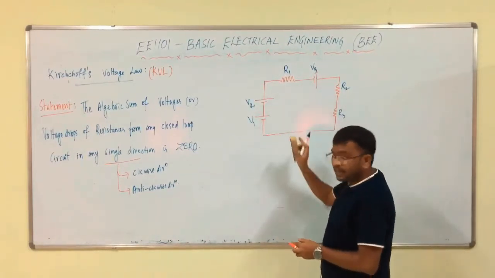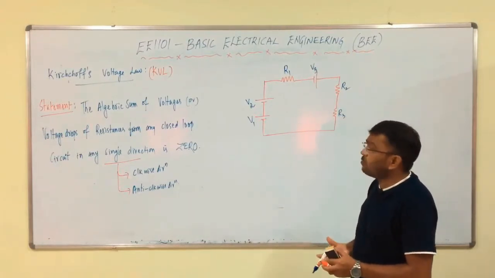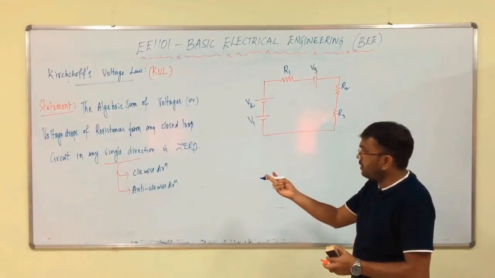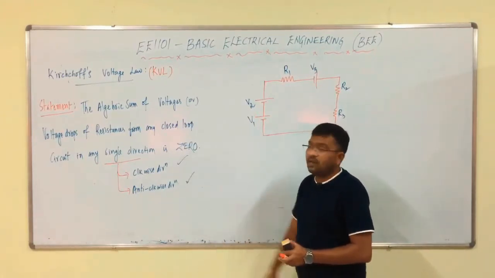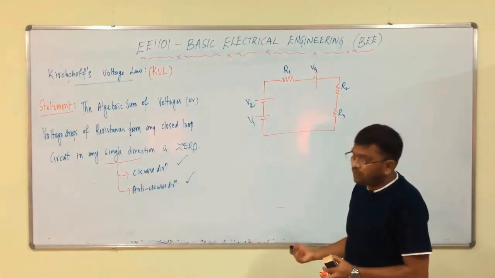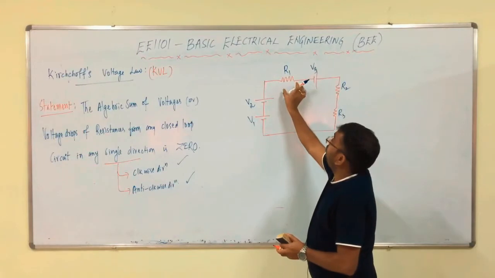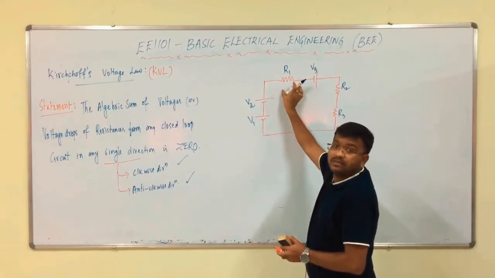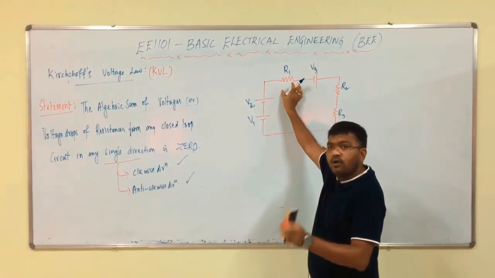So, this is a simple circuit. We have to calculate the value of current by assuming any direction, whether it is clockwise or anti-clockwise. To know the value of current, we are assuming the voltage drops with some notation, whether positive or negative.